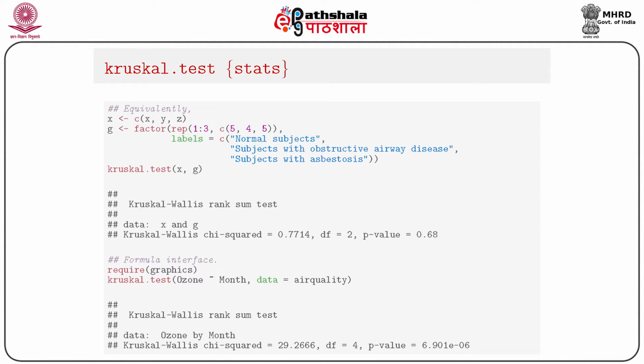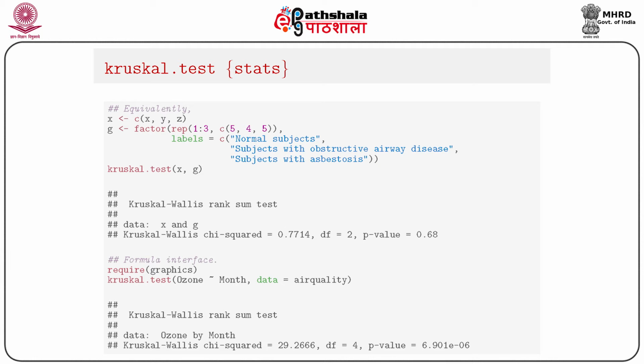And kruskal.test(x, g) can be put, and that will give you the result: the test statistic is 0.77, p-value is 0.68, degrees of freedom is 2. This is another way.